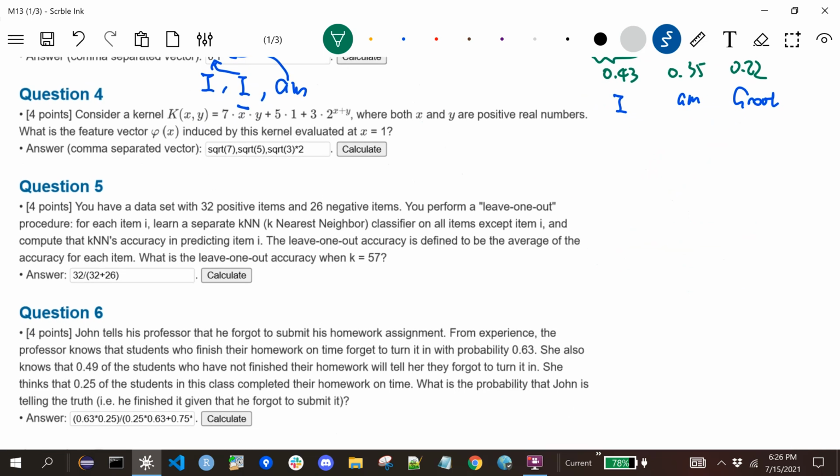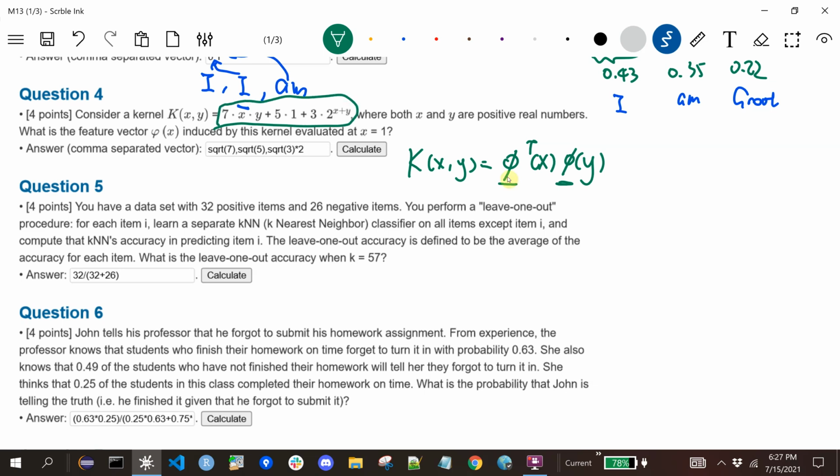Okay, the next one is the kernel matrix. So remember, the kernel matrix formula is K(x, y) is phi of x transpose times phi of y. So these two functions must be the same, and when we do the dot product between them, we need to get this expression here.